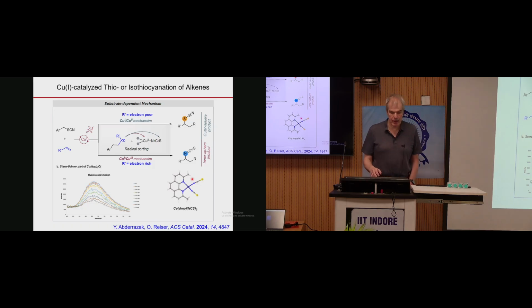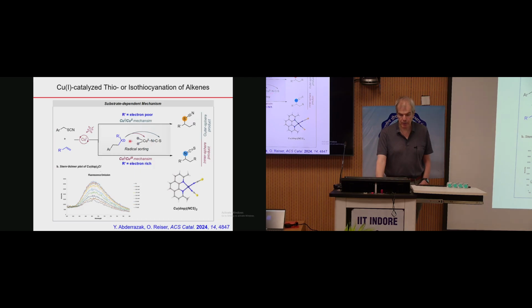Both of these mechanisms are valid. We tested this by using thiocyanate, and we know that the copper-2 thiocyanate complex coordinates copper onto the nitrogen. And then we found that if we have a radical here, this radical could either form the thiocyanate or the isothiocyanate compound. The thiocyanate would be formed if this radical attacks the sulfur.